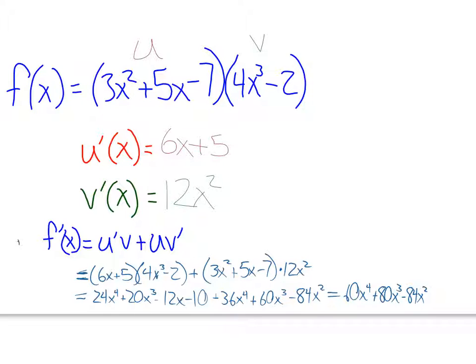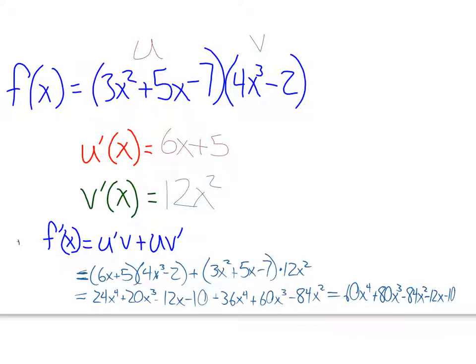A minus 12x and a minus 10. And that is the same derivative you would get if you had multiplied that, expanded that out first, and then taken the derivative. We won't do it just for time's sake. Okay? Making sense so far? I like it.